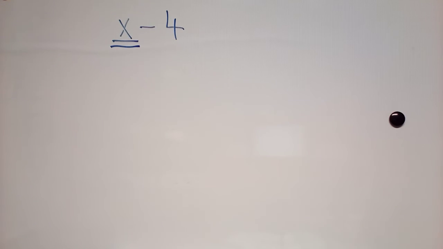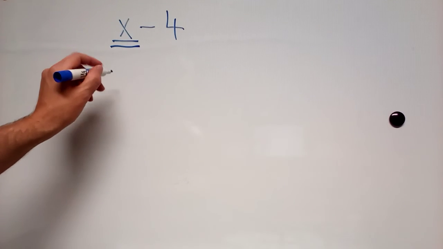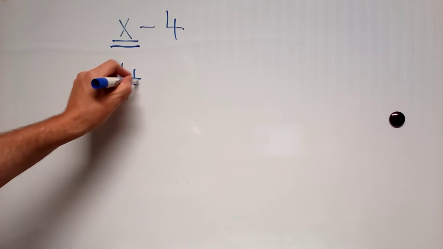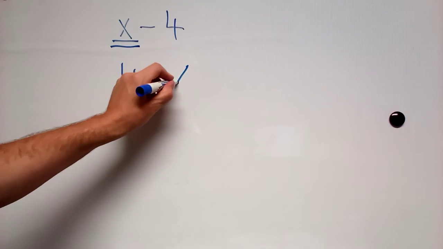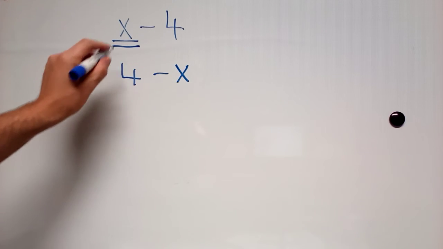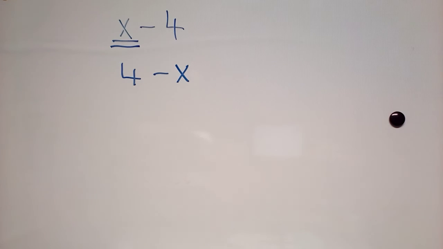What if I said 4 decreased by a number? Well, you would have to start with 4 and then you decrease it by a number. So these are 2 totally different problems, and you're going to get 2 different answers. So it's important that you read these phrases very carefully.